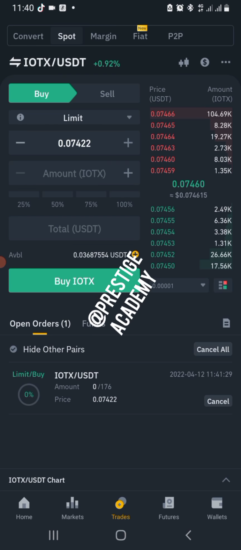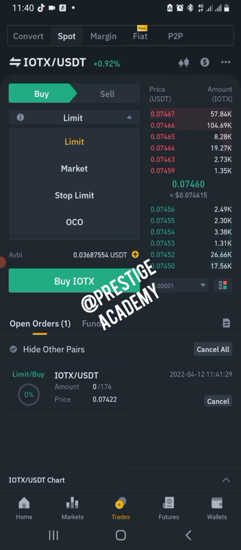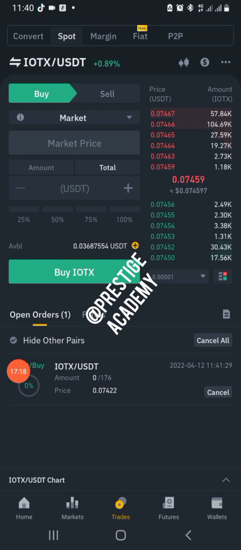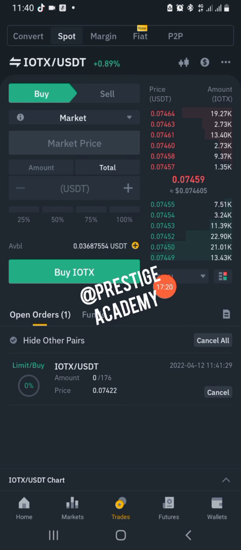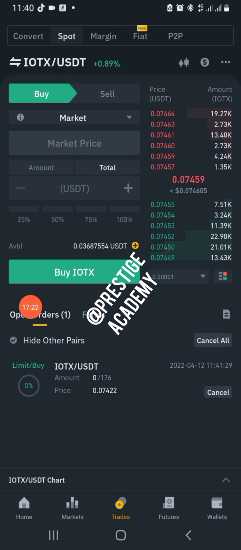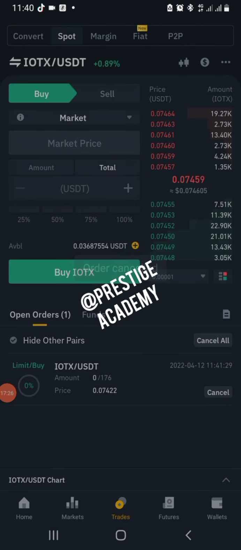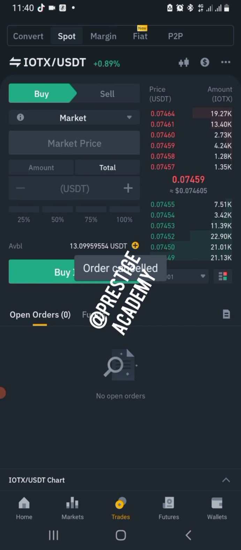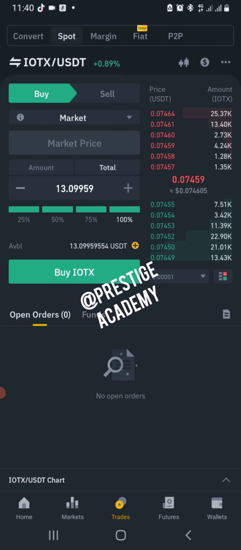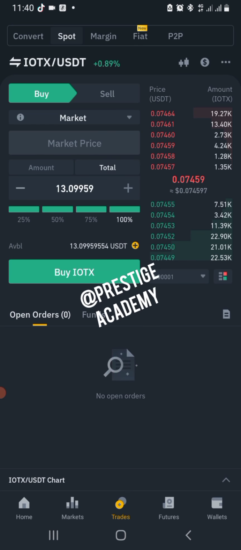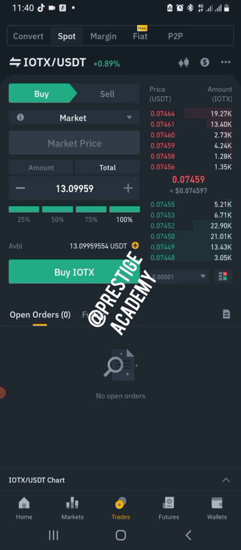Now let's proceed. We also have the market order. I would actually love to cancel this limit order, because I want us to make use of the market order now for this practical. We use market order, and then we use 100%. Once I click on buy, this coin will just drop in my spot wallet ASAP.